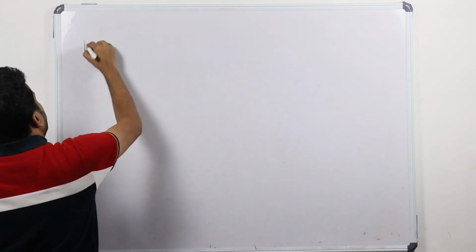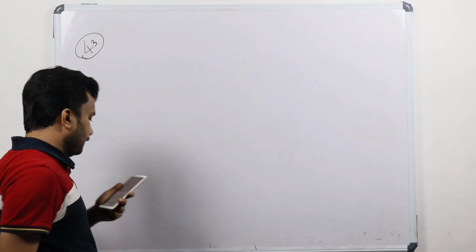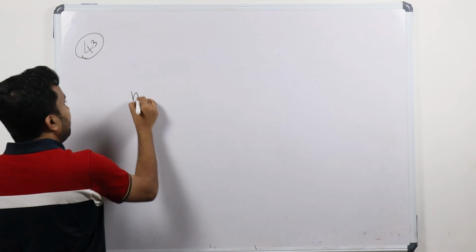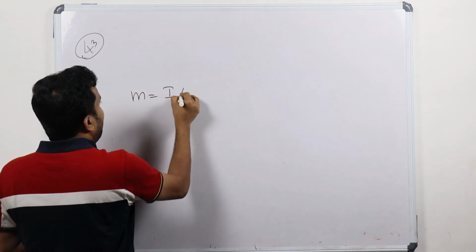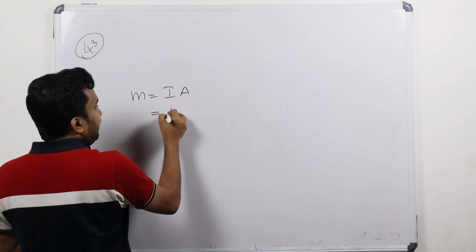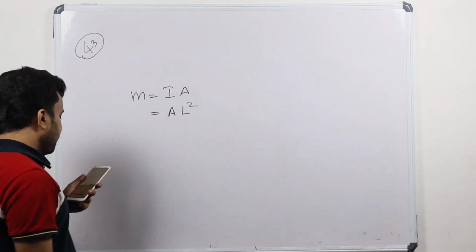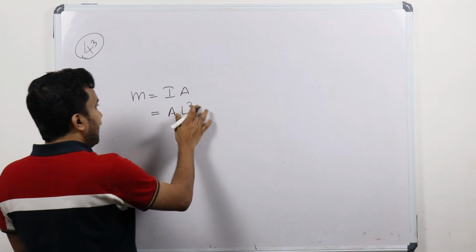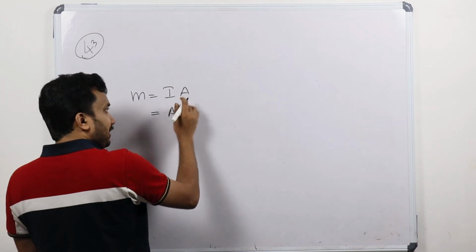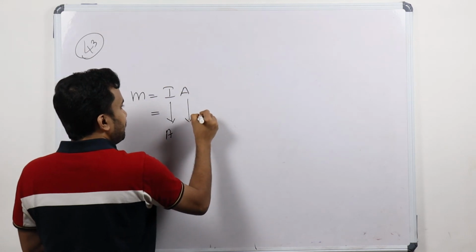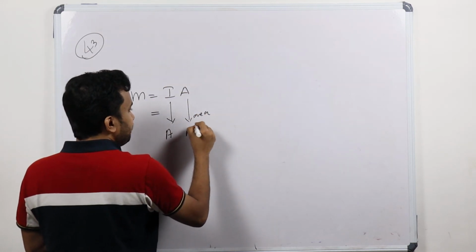Question number 43. Unit of magnetic moment. This also you have to remember. Magnetic moment in the formula IA. I means current, ampere. A means area, L square. This is called ampere, this is something called area, and its unit is meter square.